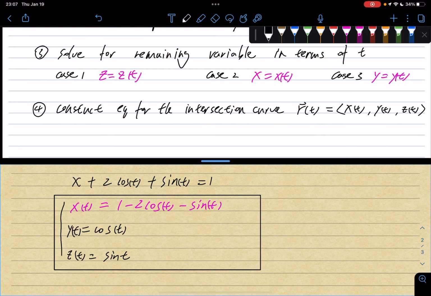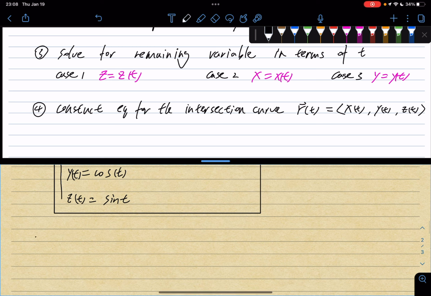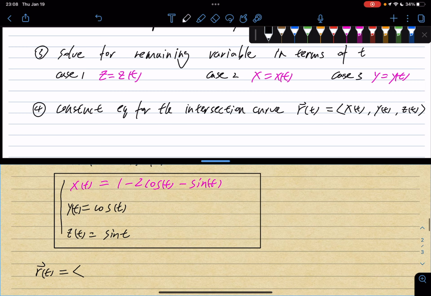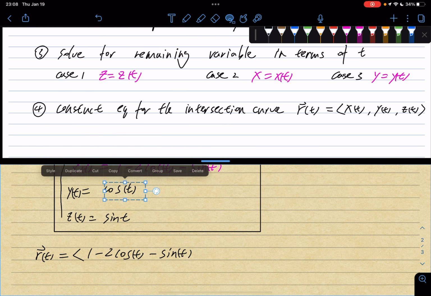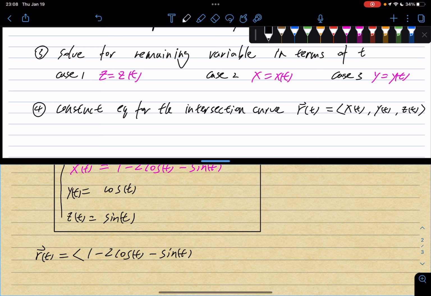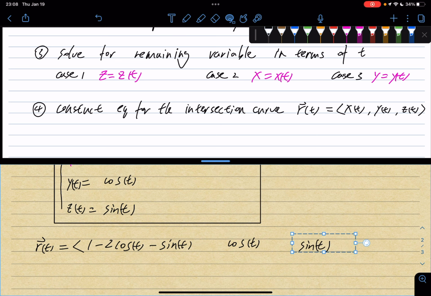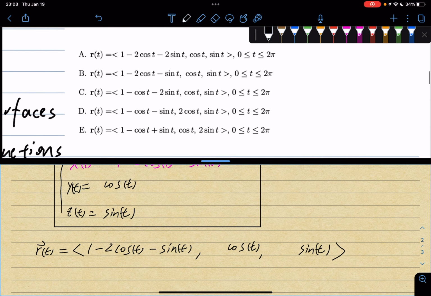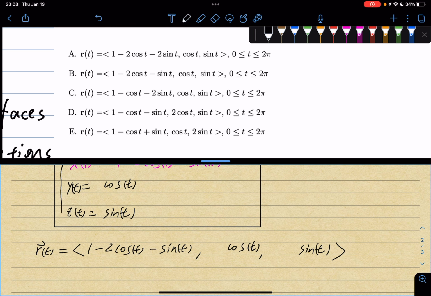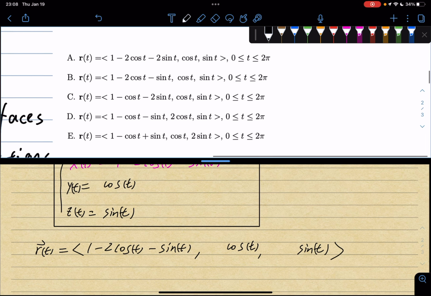We can describe it in the parametric form, or in the vector form. r of t equals this: that's your x of t, then you have your cosine of t and your sine of t, that's your y and that's your z. And there you go, I think we have just solved the problem. If you look at the answer choices, we have answer choice B.